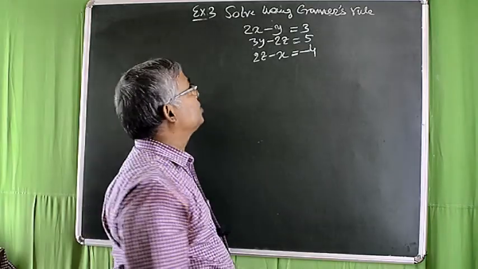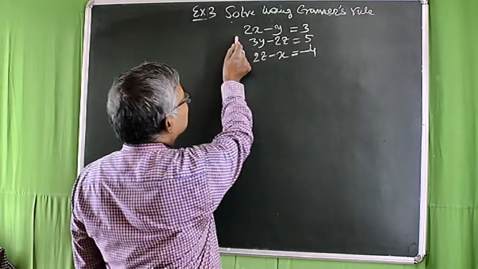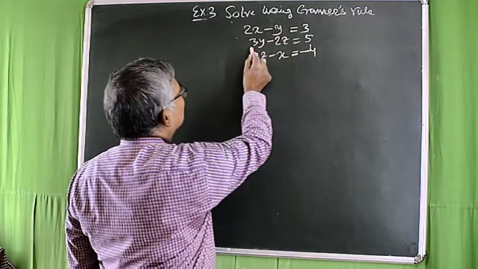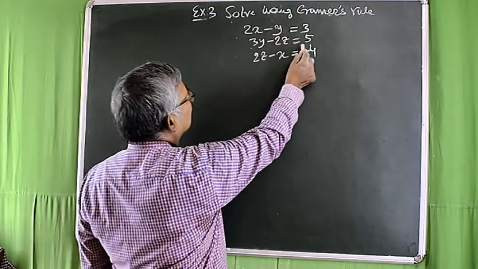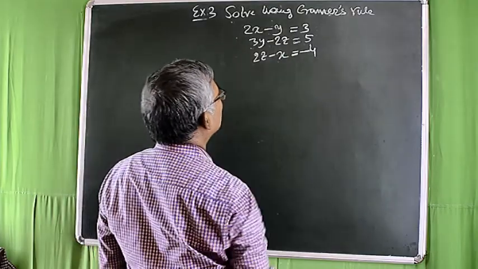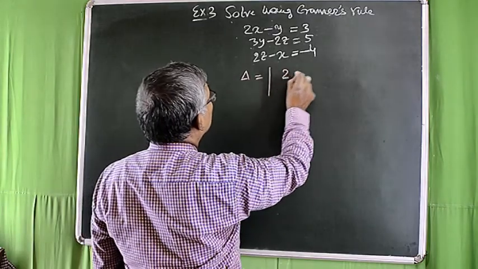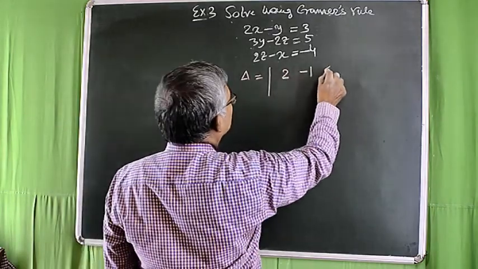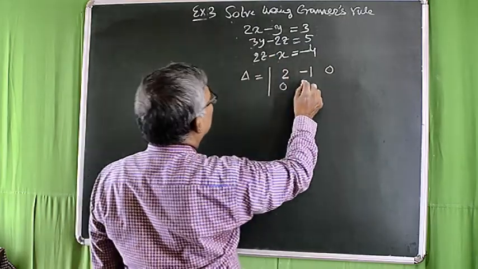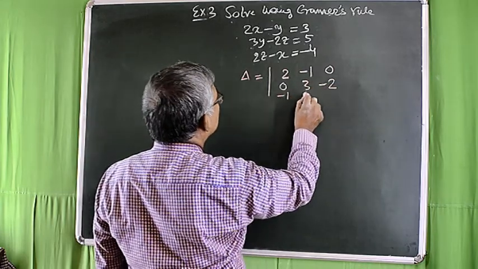Students, let us solve the problem using Cramer's rule. Here the system of equations are 2x minus y equal to 3, 3y minus 2z equal to 5, 2z minus x equal to minus 4. Here del equal to 2, minus 1, 0, 0, 3, minus 2, minus 1, 0, 2.